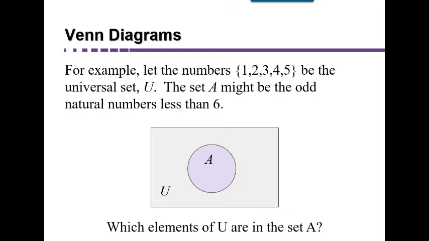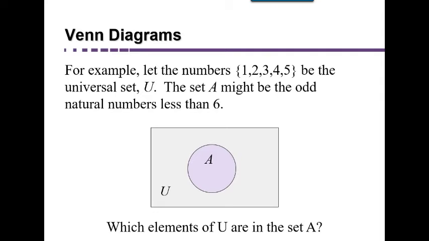So we're looking at odd natural numbers less than 6. Well, all of the numbers in U, 1, 2, 3, 4, and 5, are less than 6. The odd ones would be in set A. And so I am looking for 1, 3, and 5.